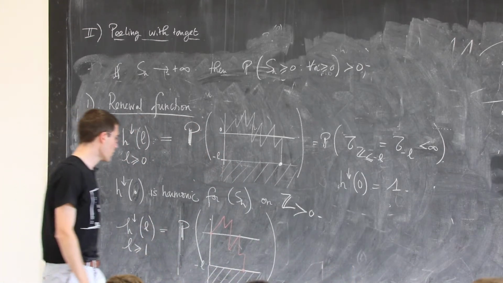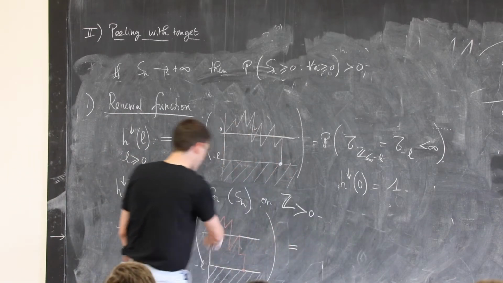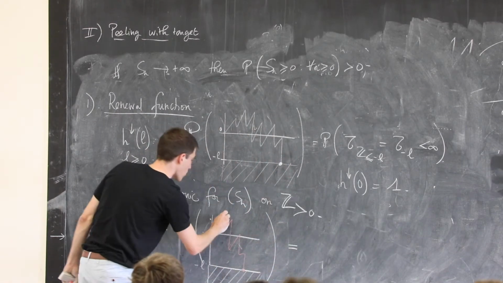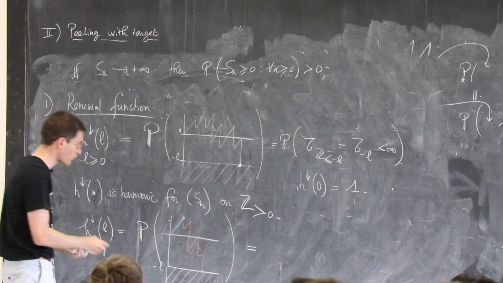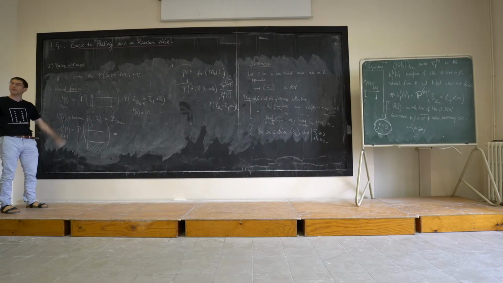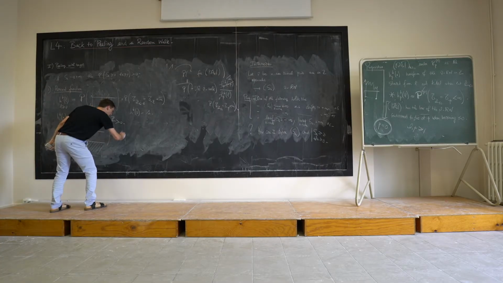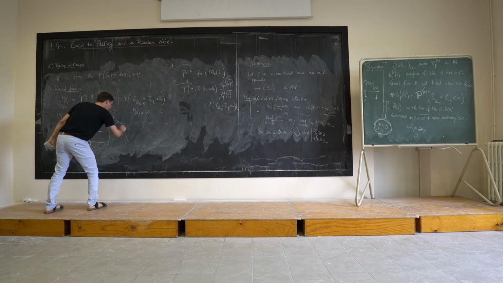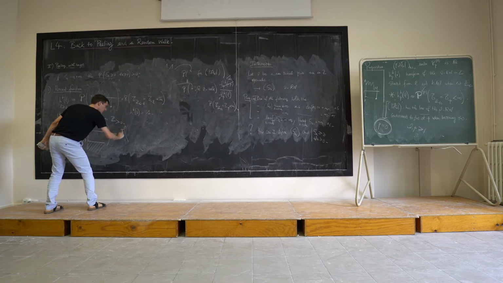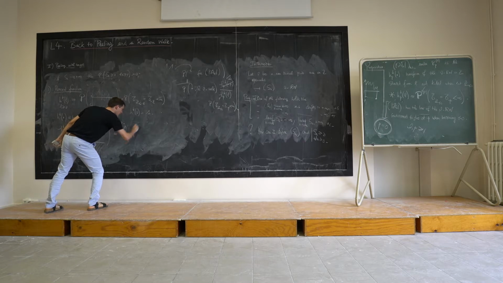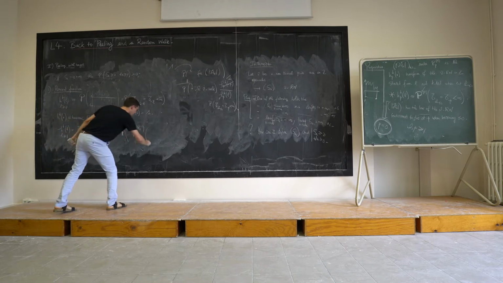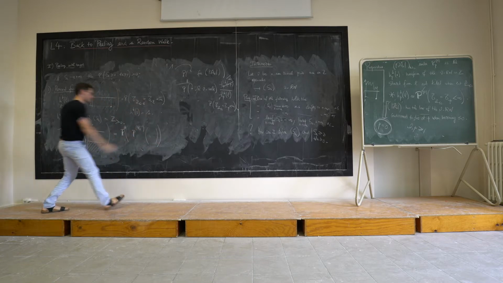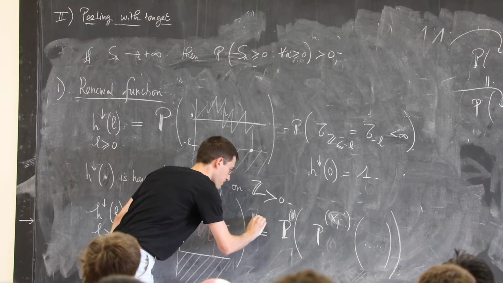But I can do one step of the walk first, see where I am, and then ask what is the probability to enter this half space after one step. So it's exactly the probability when you start from L plus x1, from 0, start from x1, the same thing. That's just the Markov property.